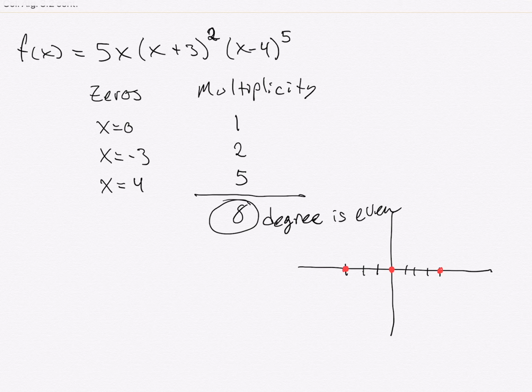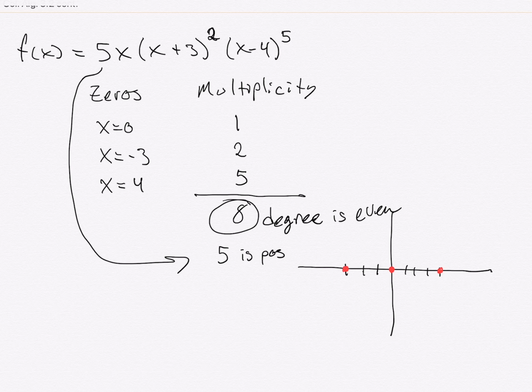And the other important aspect of the actual equation for the polynomial is that the leading coefficient is 5, which is positive. And these two things, along with the zeros, are going to allow us to draw our graph.